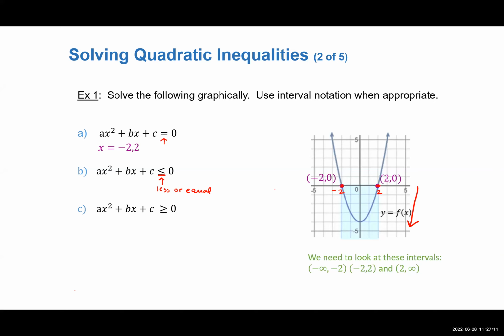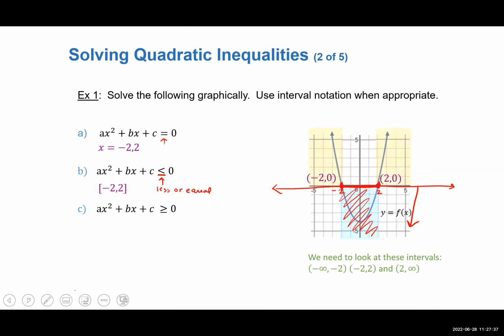Using the x-axis as a domain, it begins to be below, starting at -2 to +2. And that's where we have our graph being below the x-axis. So from -2 to +2.